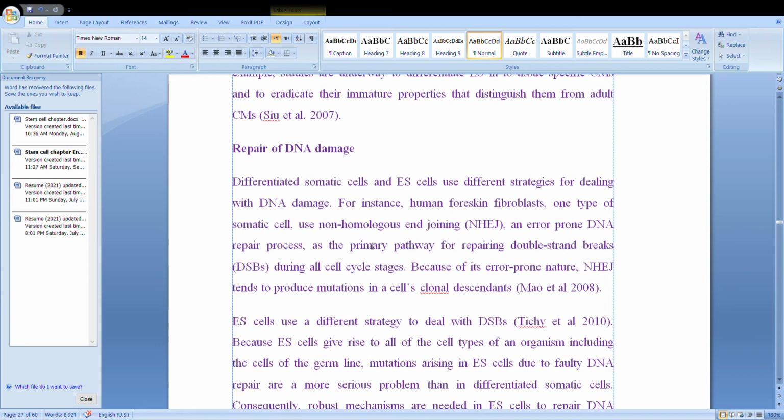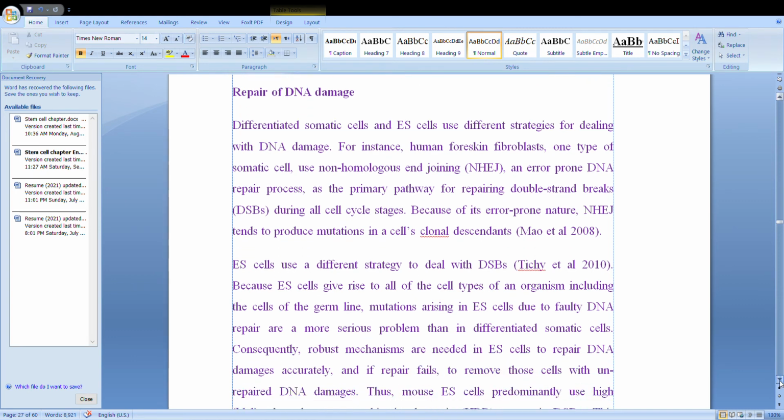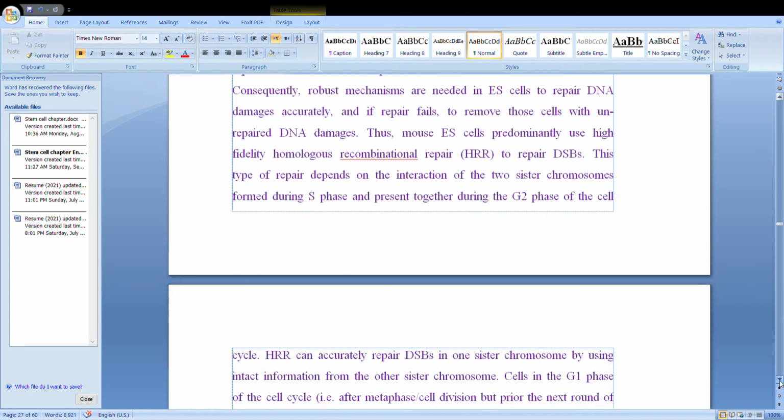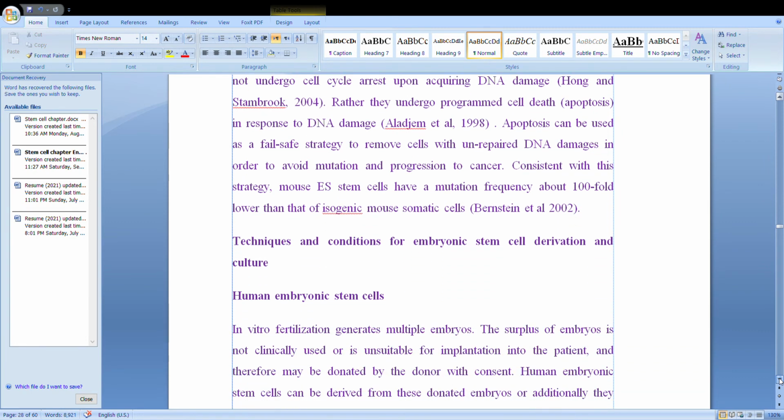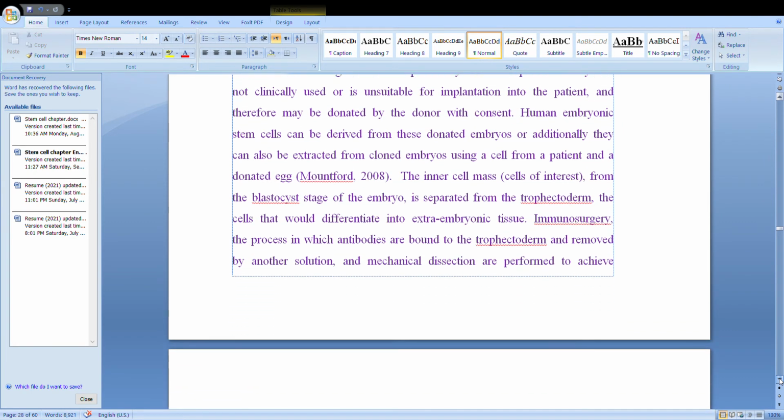In that case, we call it DNA damage, so it can be repaired by replacing the muscles or the organs. Here we can see different scientists stated their reports about embryonic stem cells.